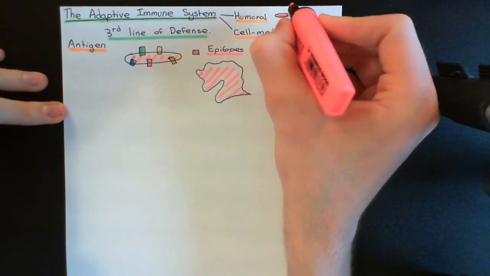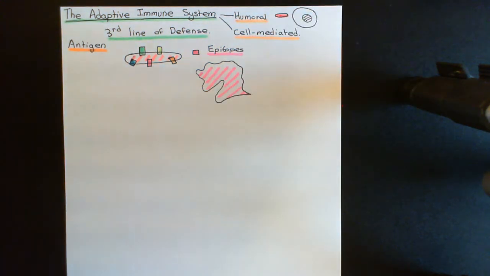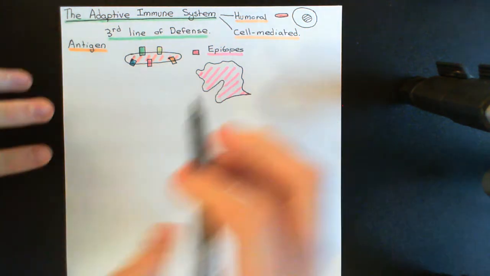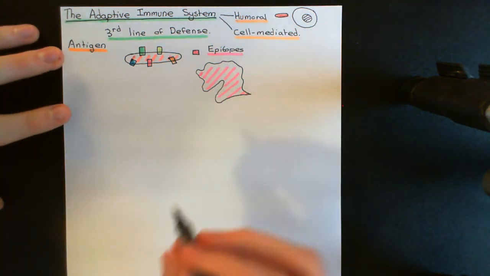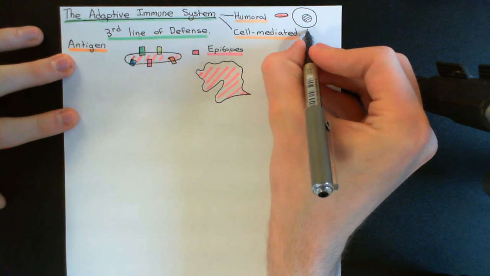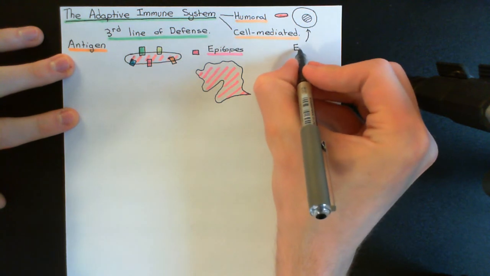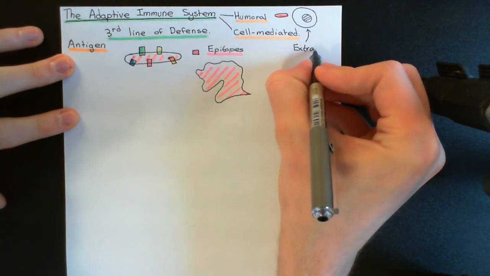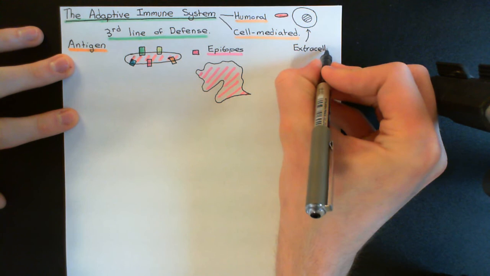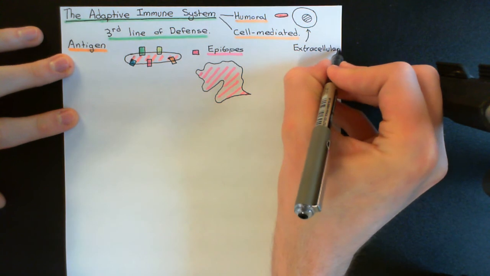We don't like the fact that it's there, but at least it's not inside the actual cells. The humoral adaptive immune response is fantastic at getting rid of pathogens that are extracellular. So in this case, this is the extracellular case. The humoral adaptive immune response is capable of attacking pathogens whilst they are extracellular.